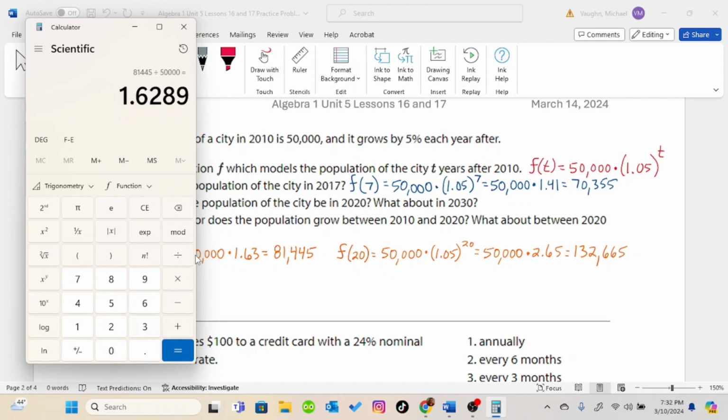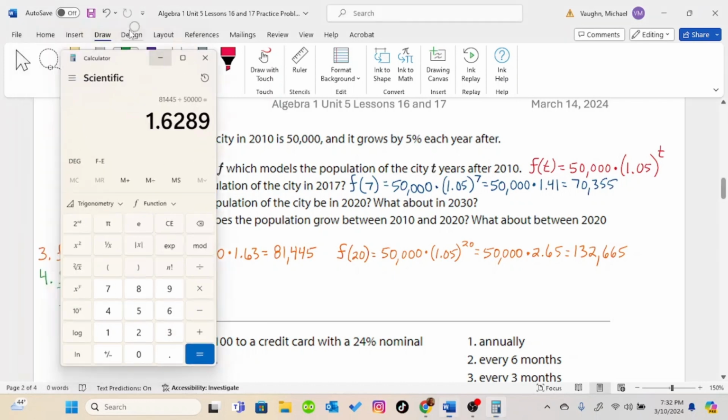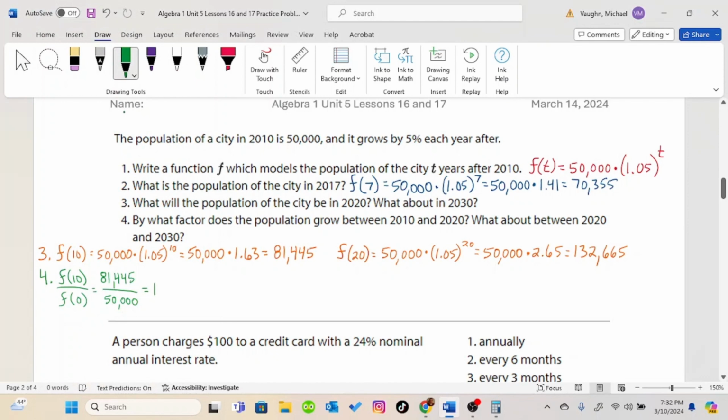This comes out to approximately 1.63. And we actually see that right there.